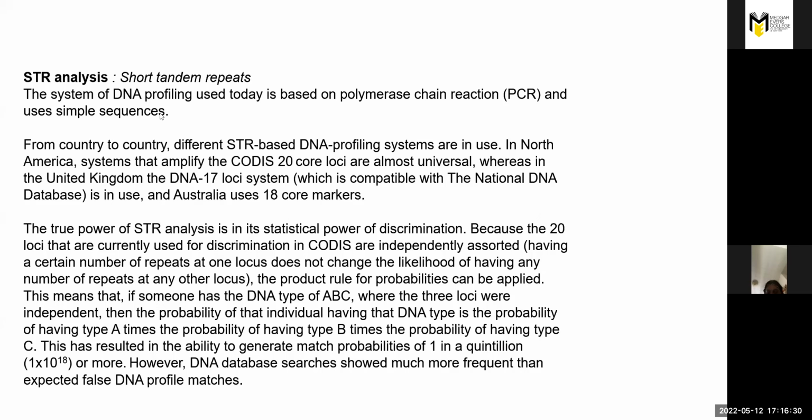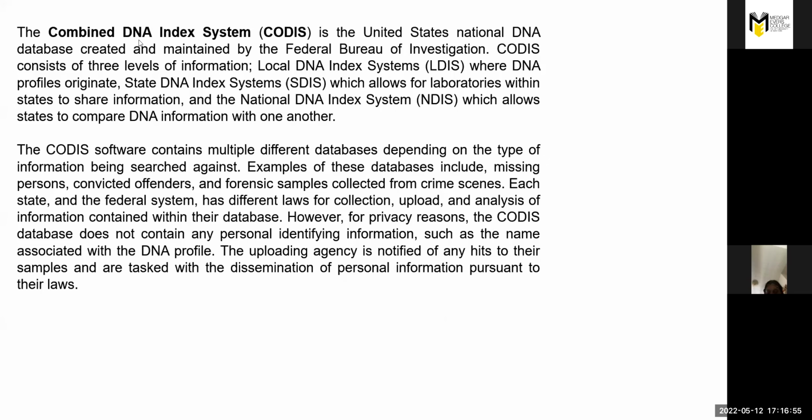As I mentioned to you, non-coding, non-protein-coding DNA becomes important. These are called short tandem repeats. The system of DNA profiling used today is based upon PCR and uses simple sequences. In the UK, they have a 17-loci DNA system. In the US, it is CODIS.